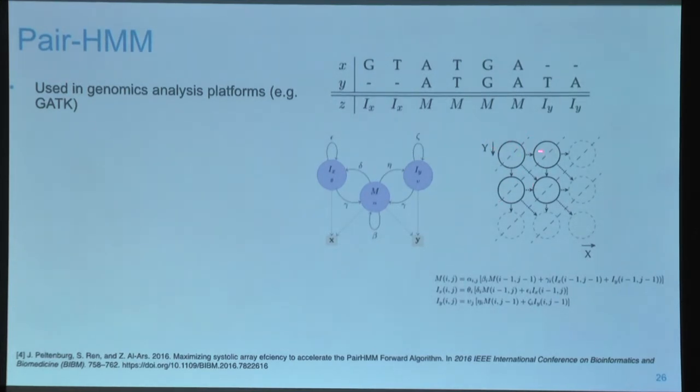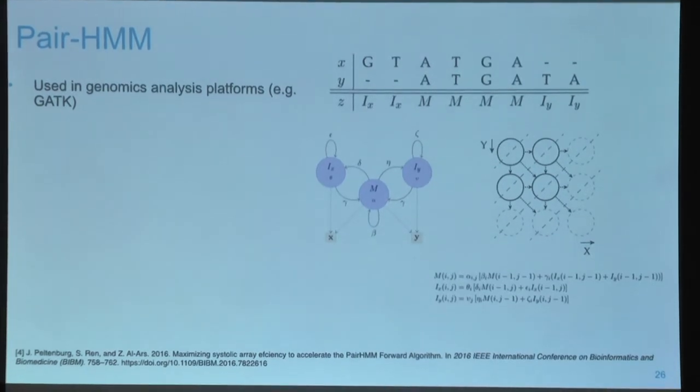There are some dependencies amongst the calculations that point to the top left, to the left, and to the top for each cell. So we can traverse through the matrix over the anti-diagonal in parallel, and we usually implement this way of going through the matrix in a systolic array.